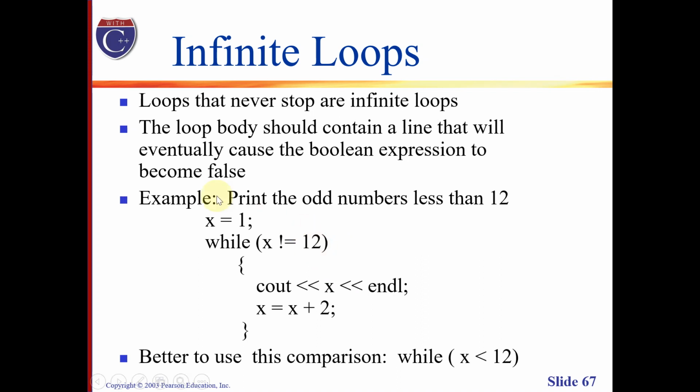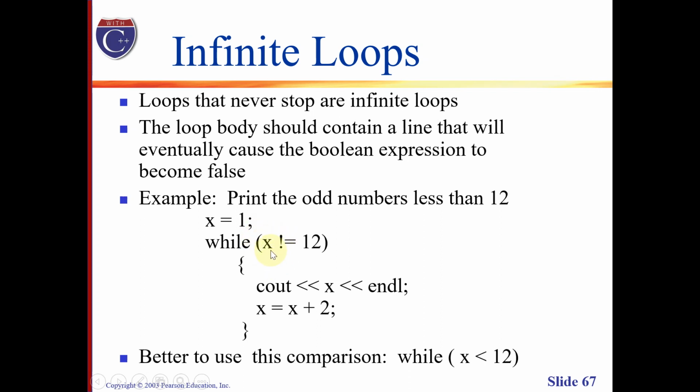Here's an example. We would like to print the odd numbers less than 12. For instance, we initialize our counter variable to 1, then use that in our Boolean expression. Then we have the following Boolean expression which will determine if our while loop would continue or not.